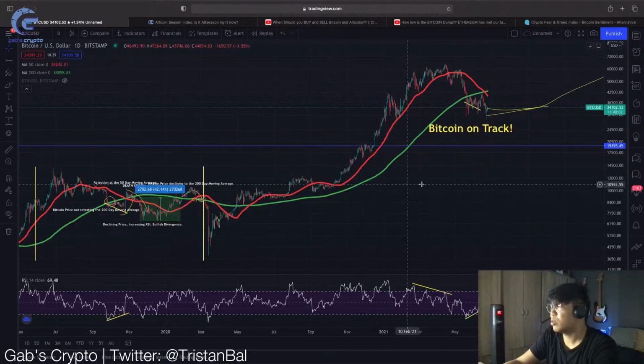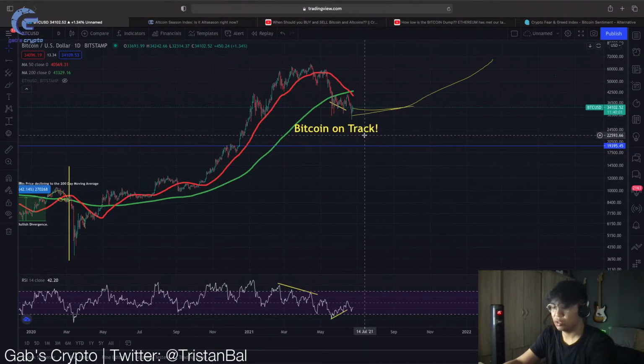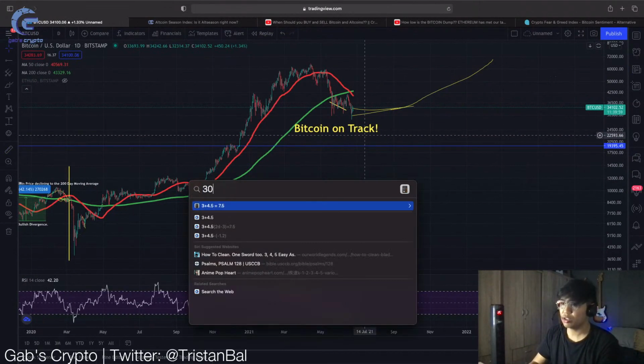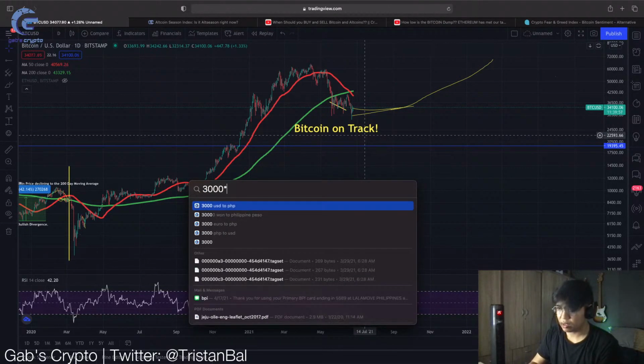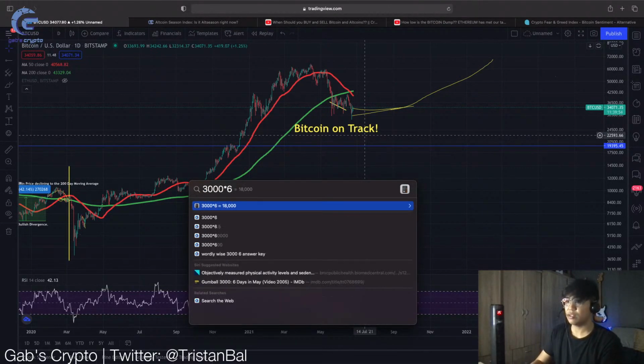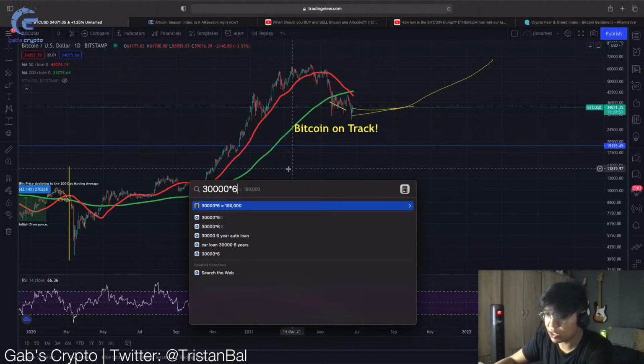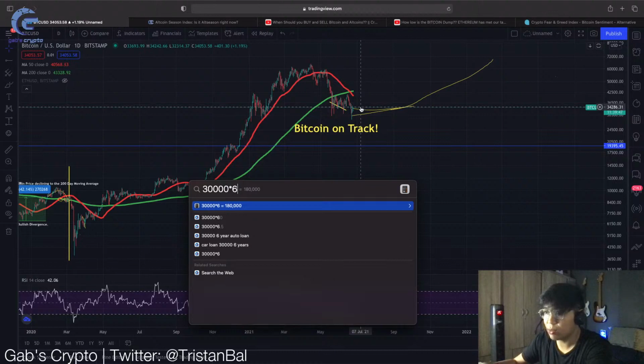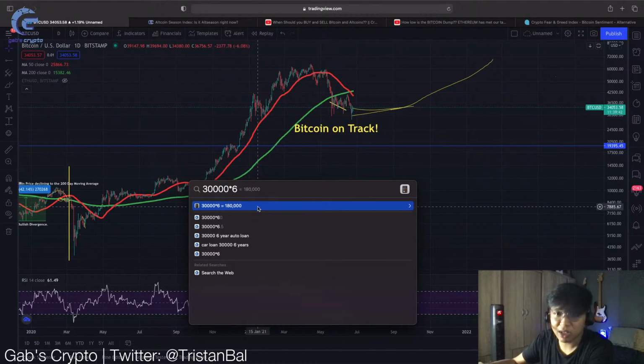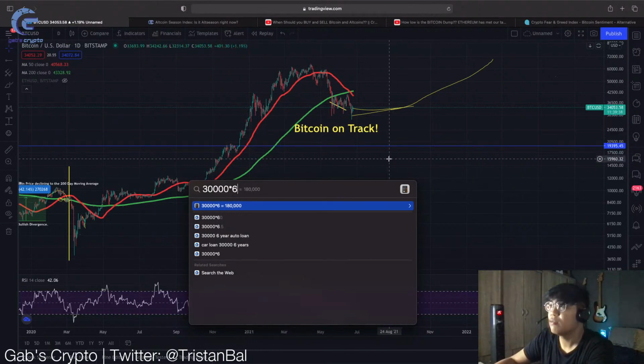So, if 500% sa current price action natin, so that would indicate 30,000 times 6, 180k Bitcoin, ibig sabihin ng pump niya from this level. So, that's why I think 180k Bitcoin is yung, for me, yung pinaka market cycle top. It would not go more than 180k.